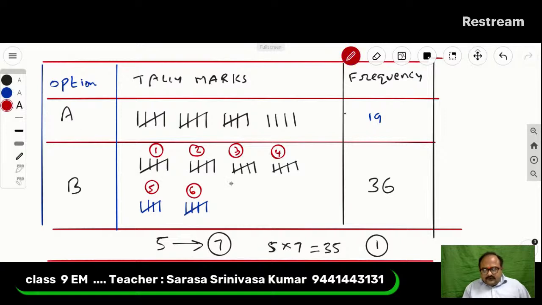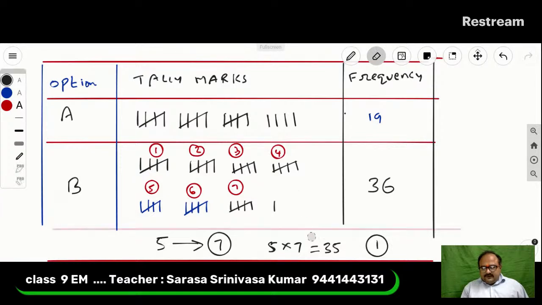Next, we should write the seventh. 1, 2, 3, 4, 5. So in total here we have written 35. Next, 36 we want to write. So the last one is one tally mark. So you should write the tally marks in this way.